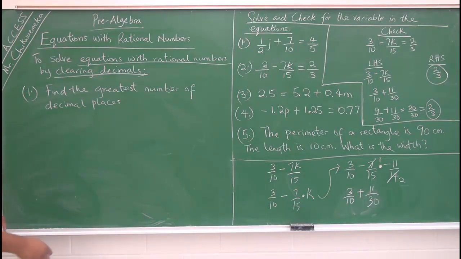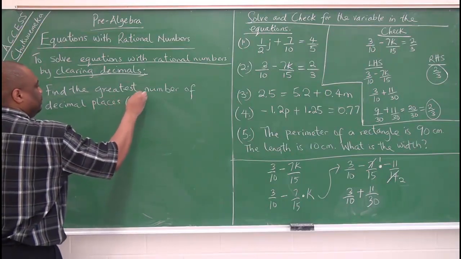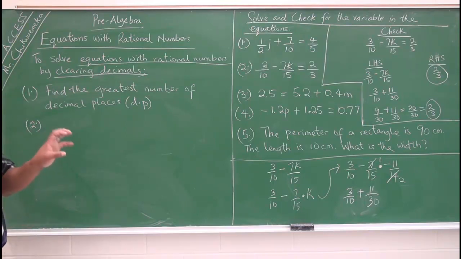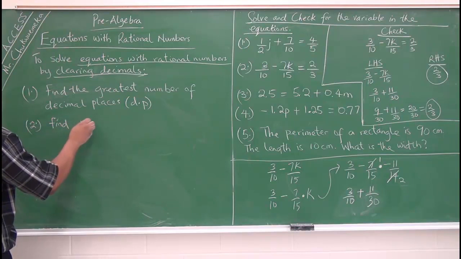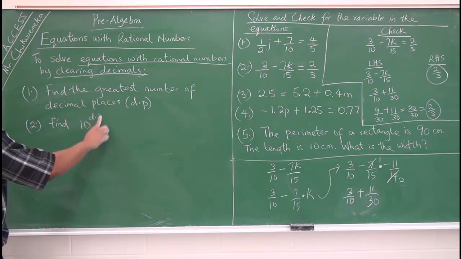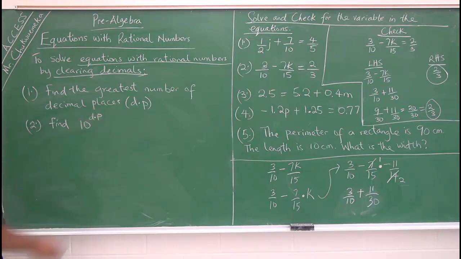I can call this DP, decimal places. Then number 2, you now find 10 raised to the power of this DP.